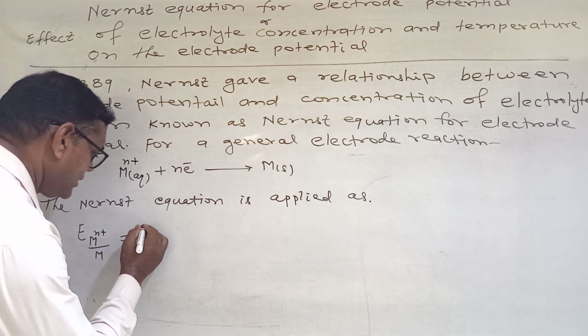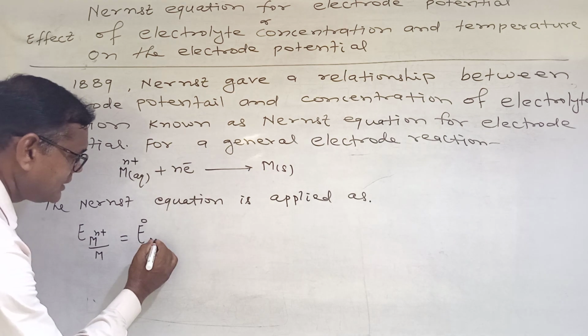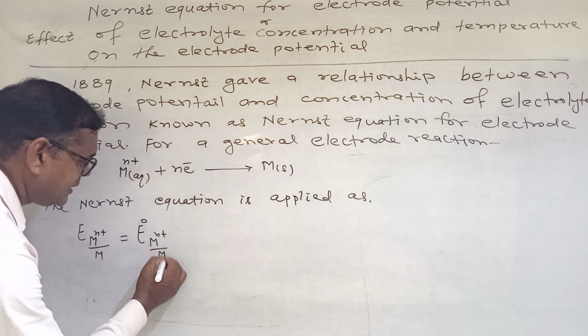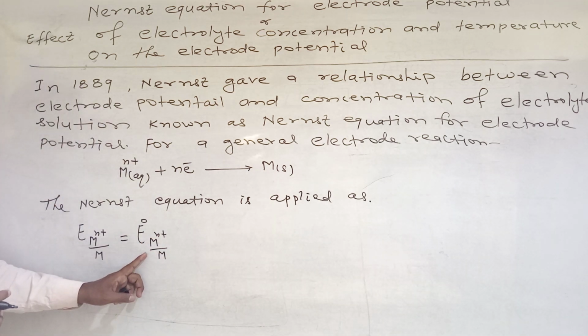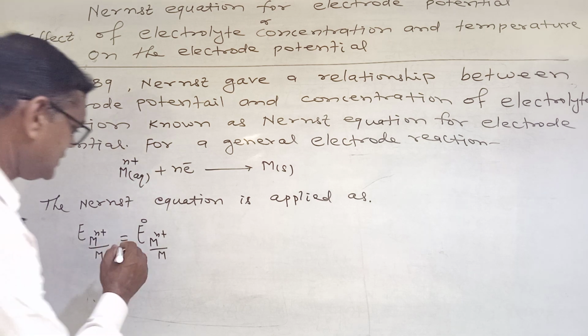Here we write E naught of M^n+/M, which is called the standard electrode potential.